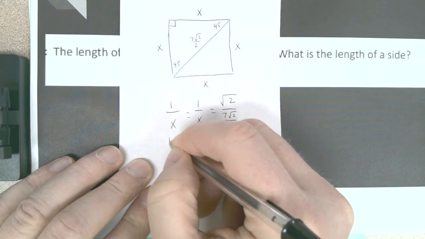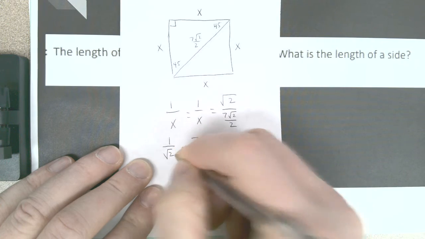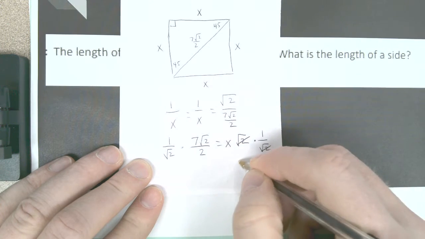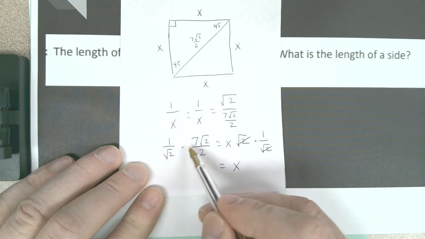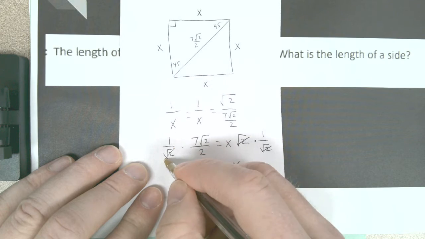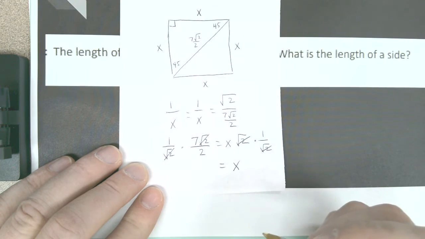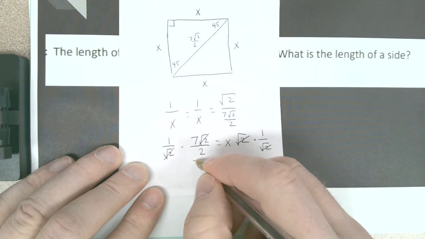So I multiply by 1 over radical 2. And those are going to cancel, leaving me with x on the right side. Now I've got a radical 2 on the top and the bottom. Those cancel out. And I'm just left with 7 over 2.